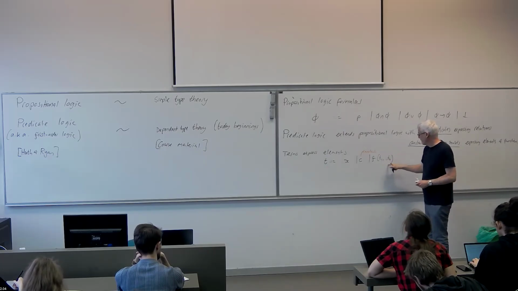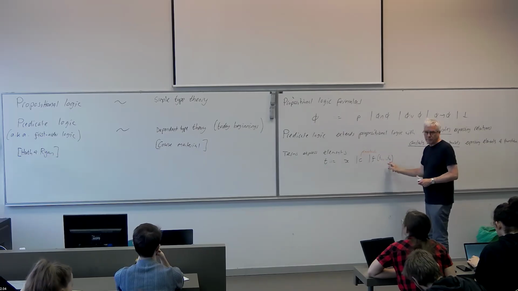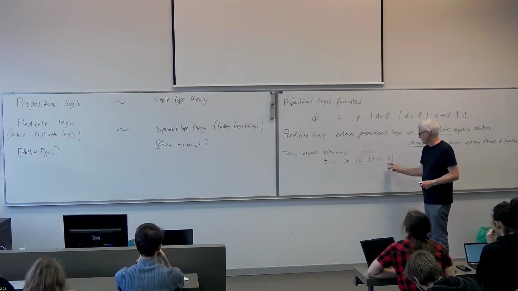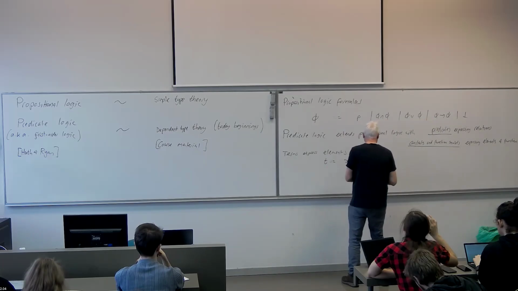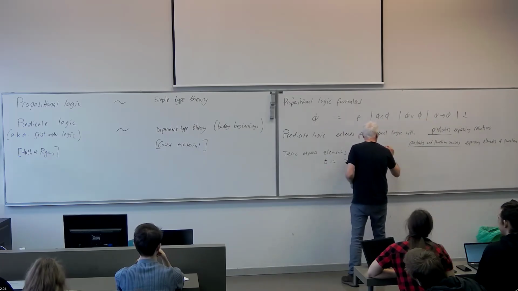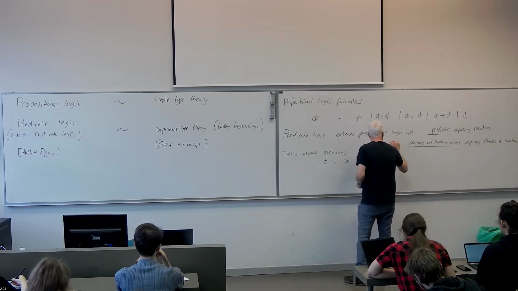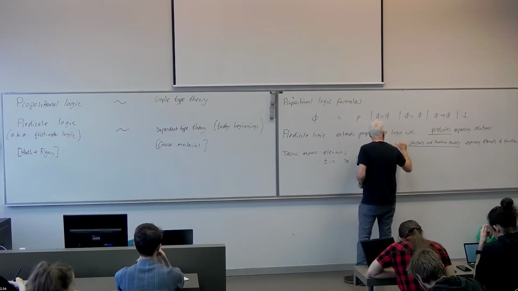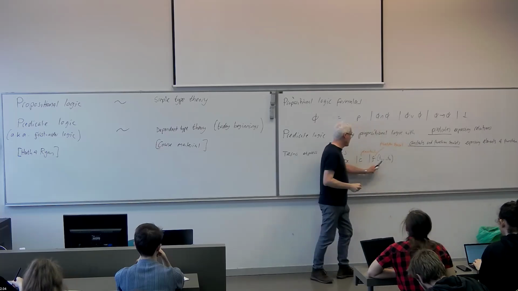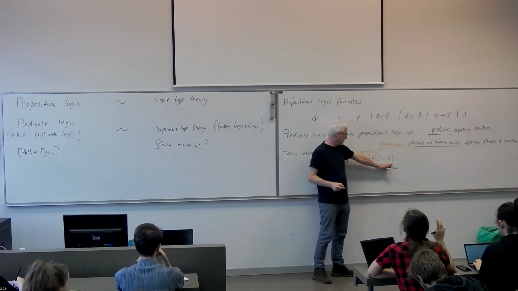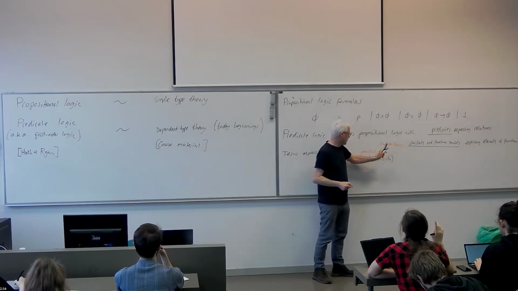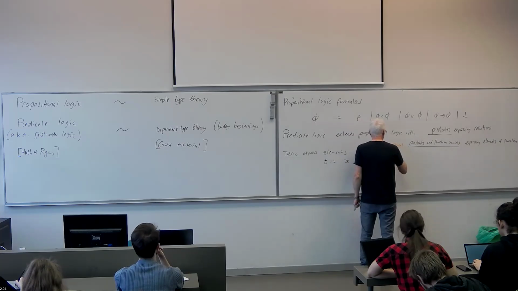And the arguments are given by terms because we apply a function to elements of the universe of discourse. So here we have a function symbol, and this function symbol is expecting n arguments. So we call this a function symbol of arity n.